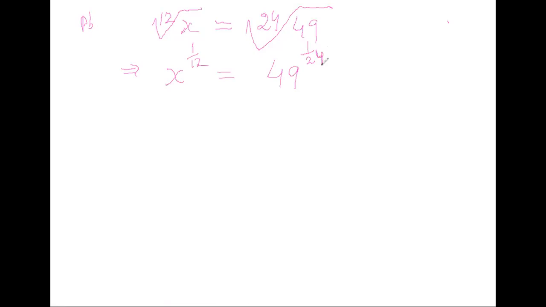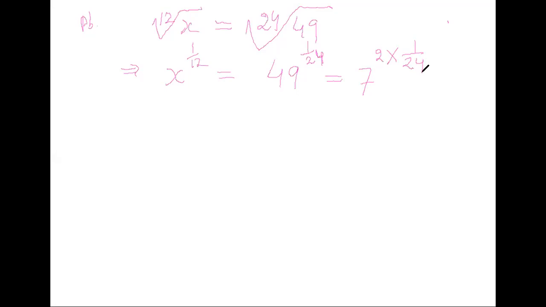So students, do you know 49 is 7 square? So let us write 7 square, and the outer power is 1 over 24. Only 49 I have written like 7 square. There is a multiplication between the inner power and outer power.